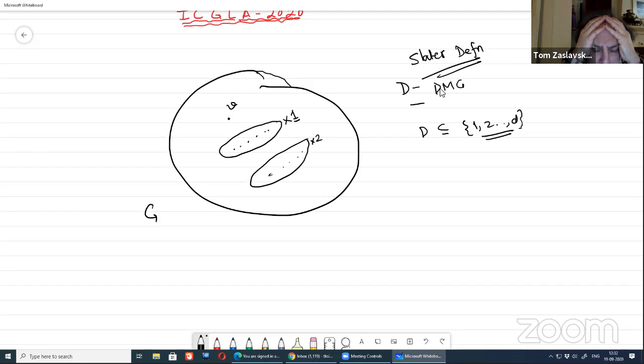Now, how is that different from just using the neighborhood? Suppose you had a graph and you picked a set D of distances. Now I'll make a new graph with the same vertex set, and every vertex in the new graph is adjacent to all the vertices at the distances given in the set D. So this new graph is just the original neighborhood magic graph.